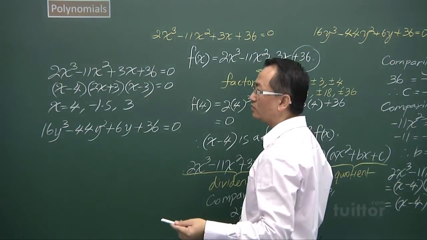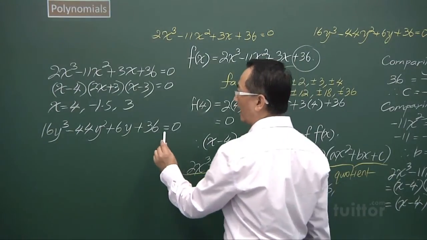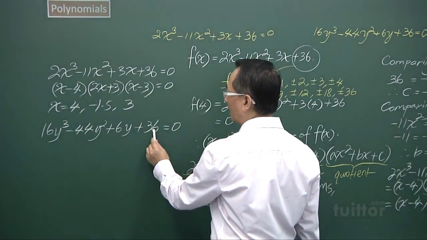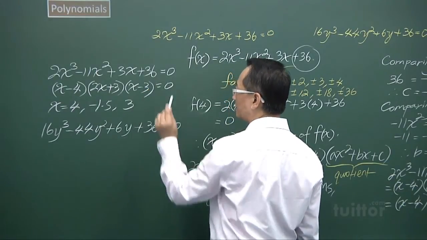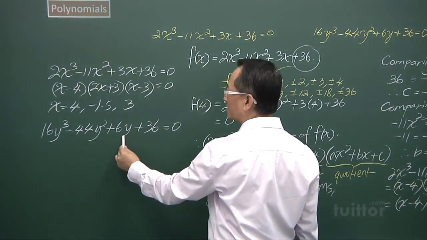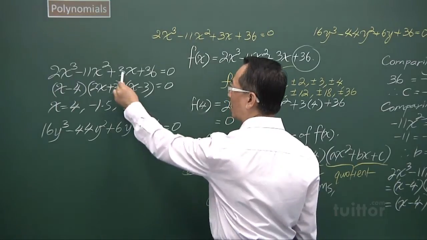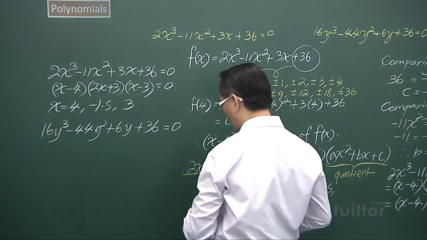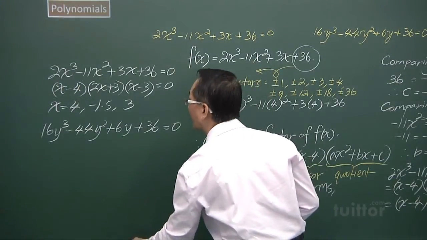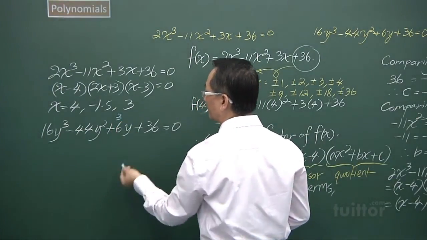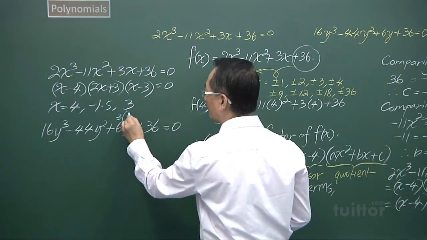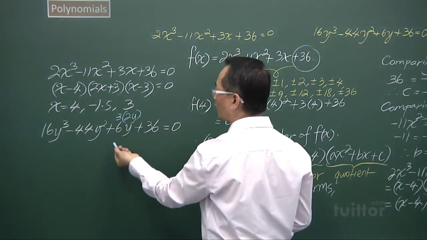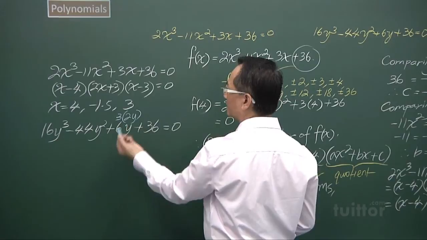So the way to do it is to look at, first of all, the constant. You can get 36 and 36. And then to look at this, 6y, and you've got 3x there. So if I just put 3, then in the bracket, I must have 2y. That will make 6y.